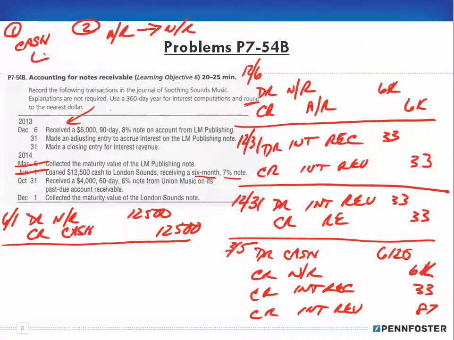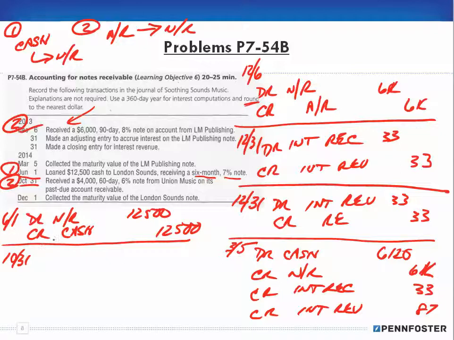So for December 6th, this was receiving a notes receivable from the accounts receivable. On June 1st, that's doing one, lending cash. Now on October 31st, again, we're converting the accounts receivable.